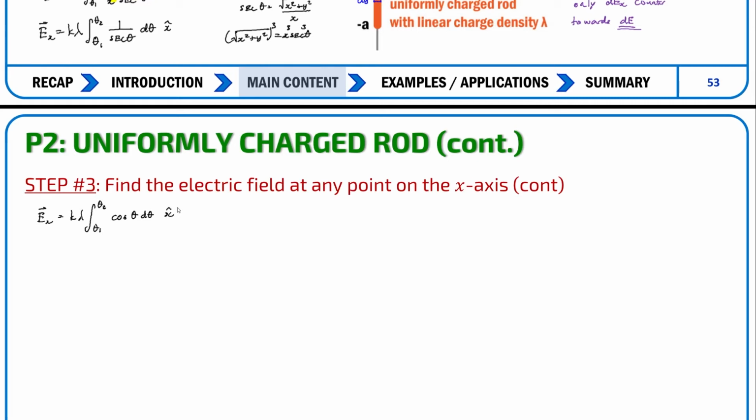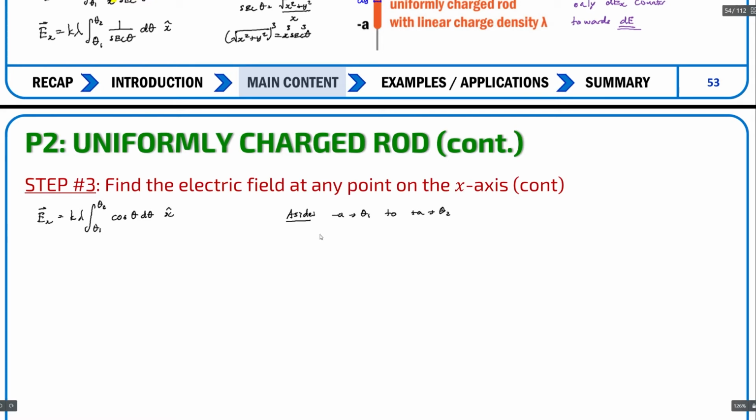As an aside, we can say at the very bottom, negative a is going to be considered theta 1 and positive a is theta 2.